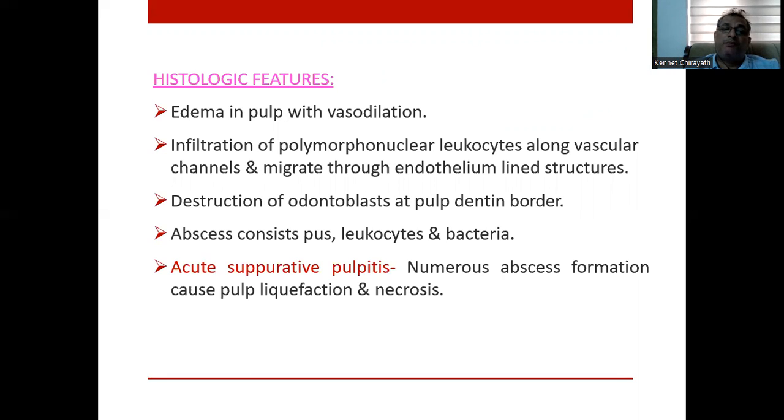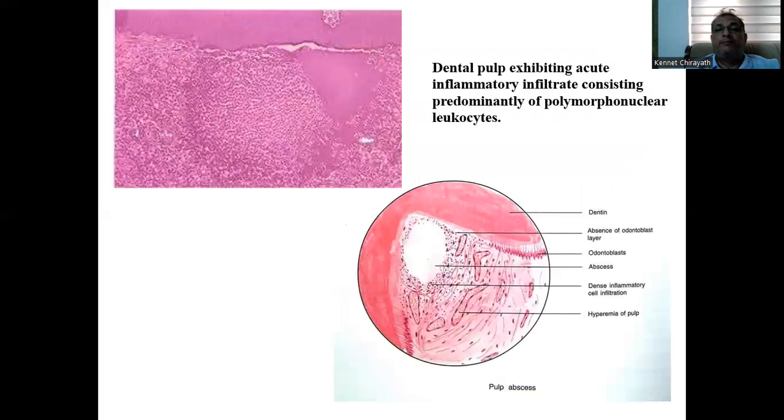Numerous abscess formations cause pulp liquefaction and necrosis. So the dental pulp exhibits acute inflammation consisting predominantly of polymorphonuclear leukocytes.